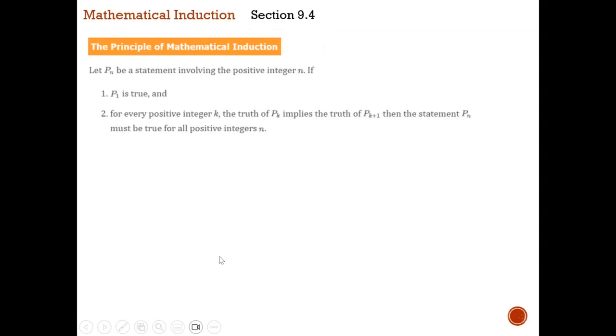Now, number 11 comes from section 9.4. This is the principle of mathematical induction. Hey students, this method, when I was taking courses at the college, I remember that I had a hard time trying to understand mathematical induction.